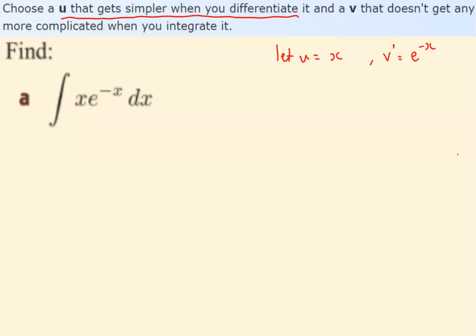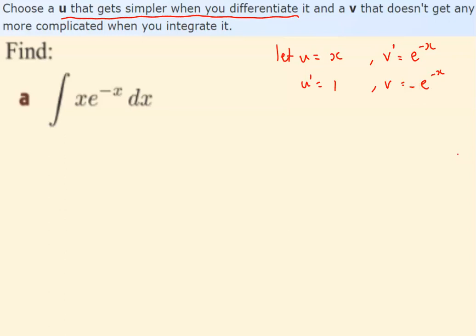So I've got my u and my v'. Now let's work out the derivative of u. So u' is 1. And if I integrate v' to get v, I end up with, well, e functions don't change, but I divide by the derivative of the power. So I get negative 1 times e to the minus x.